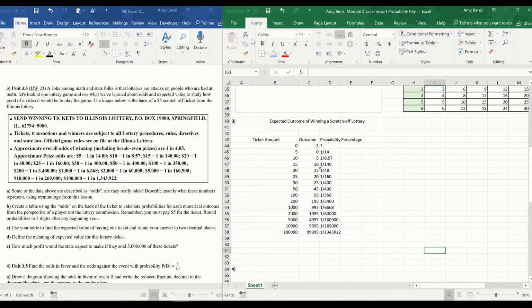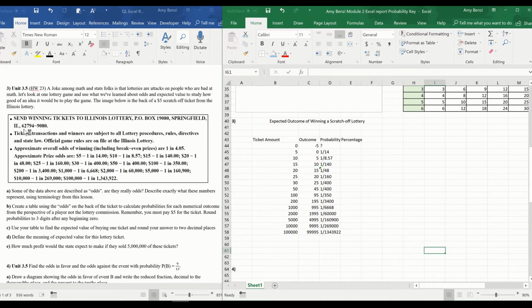All right, ladies and gentlemen, I have typed all of this stuff in here. I will go ahead and show you. Well, first let's look at the problem. Here, our winning lottery, send winning tickets to the following. This is actually the back of a real lottery ticket. That's how your author works. He uses all real life information.